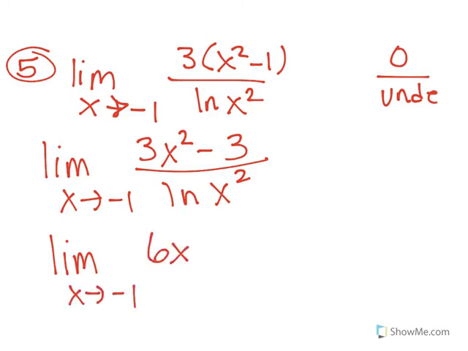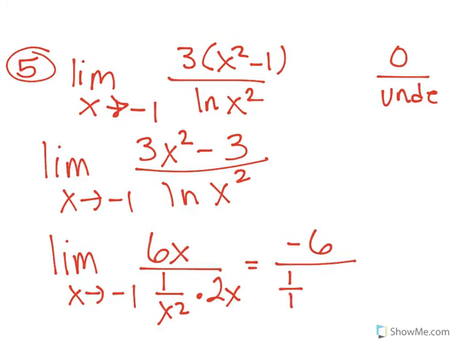So it becomes 6x over 1 over x squared times the derivative of x squared, which is 2x. So before, I can fill in the negative 1 now and see if I get an answer. On the top, I get negative 6 over 1 over 1 times 2 to the negative 1. It's 1 on the bottom because this one was squared. So I've got negative 6 over negative 2, which in this choice is 3.